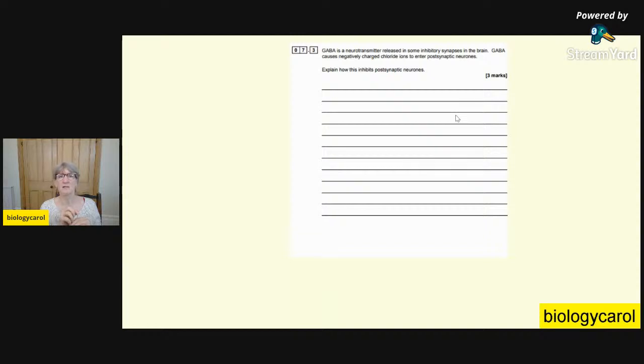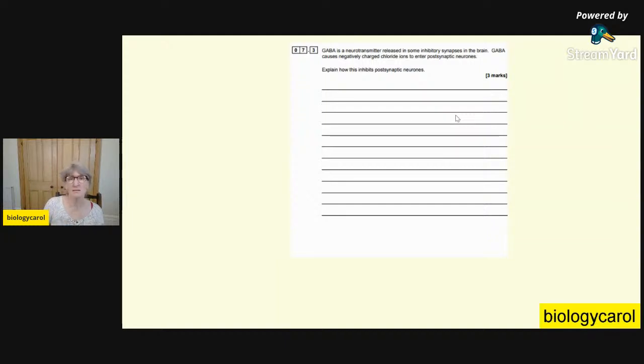And this question tells you that GABA causes negatively charged chloride ions to go into the neuron. Well, if we're adding more negative charge to an already negative inside, it's going to cause the inside of the membrane to drop even lower. So it won't be minus 70, it might be minus 80, minus 90. It's going to get even more negative.